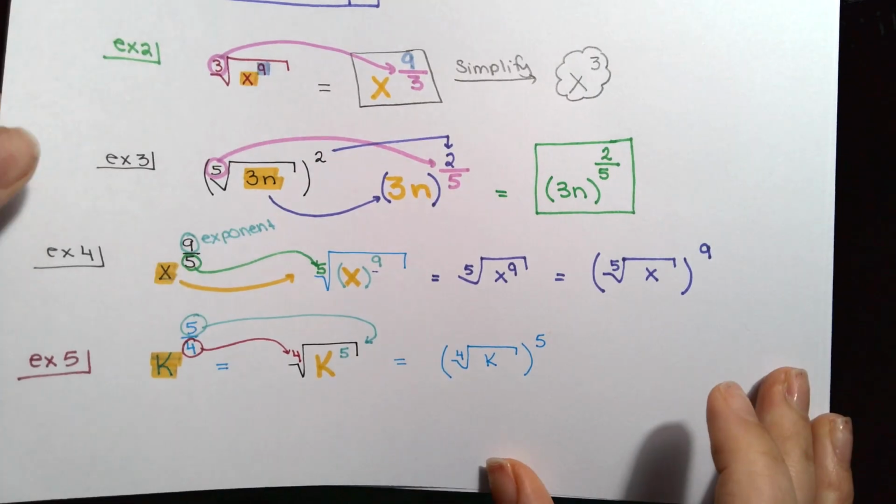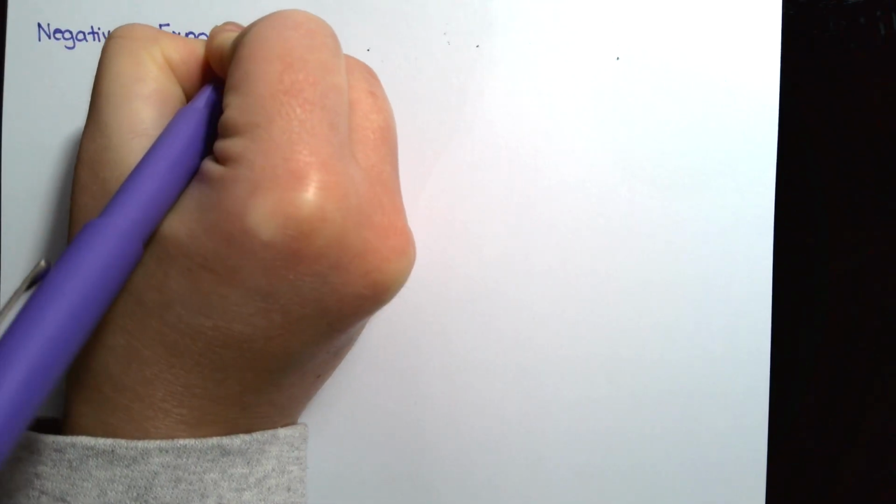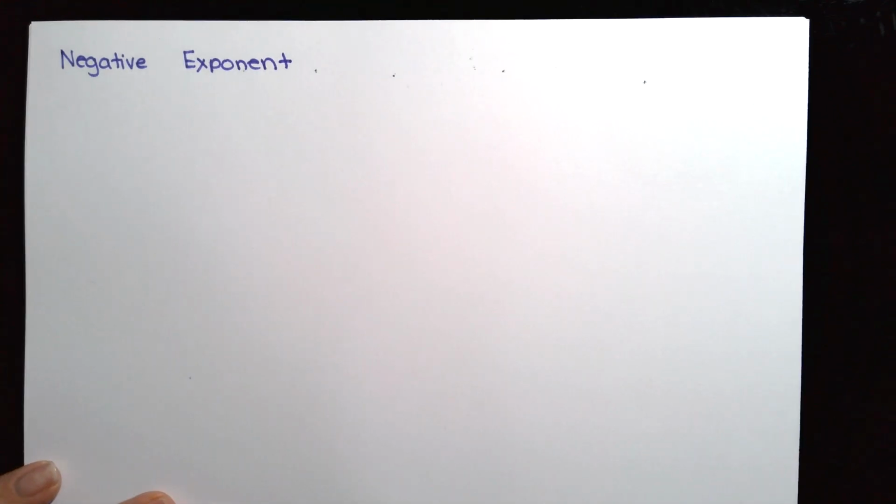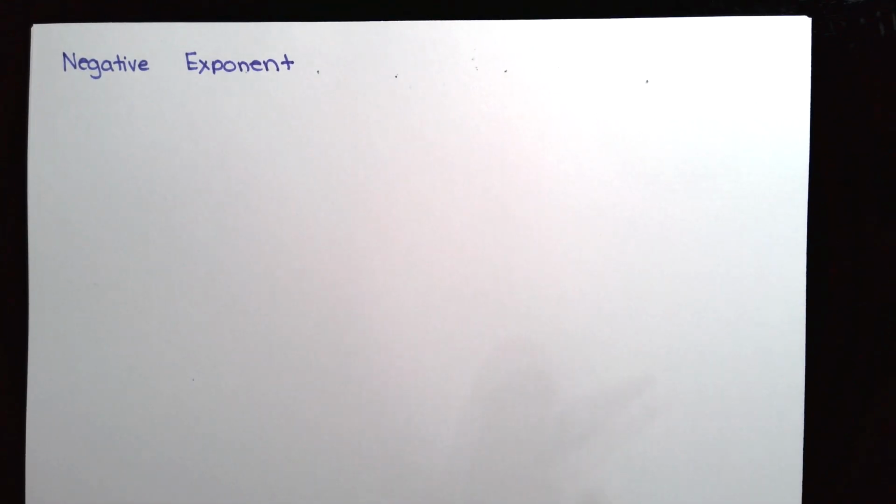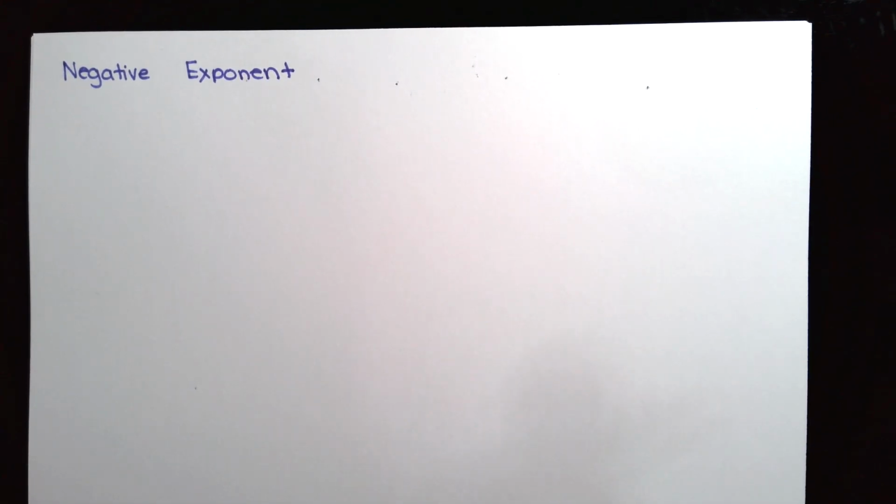All right, let's talk about negatives. When you have a negative, this goes back to your integrated math 2 or even your integrated math 1 lesson for your properties of exponent.